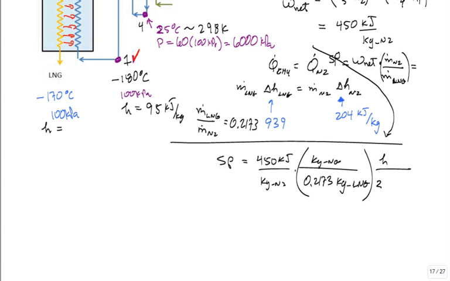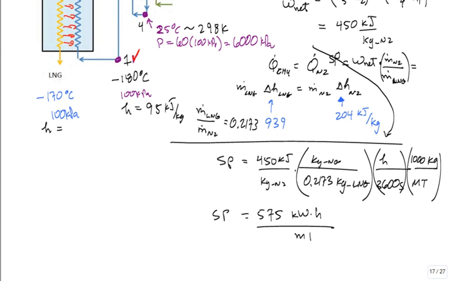An hour is 3,600 seconds. A metric ton of LNG is 1,000 kilograms. So what is our estimate of the specific power? 575. That's kilowatt hour per metric ton of LNG.